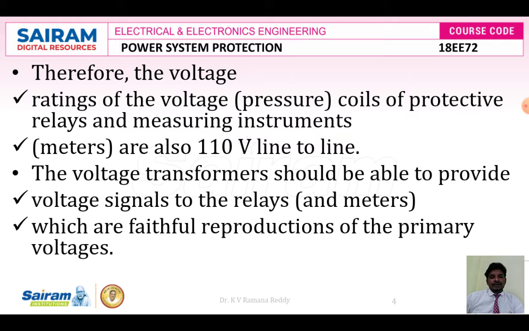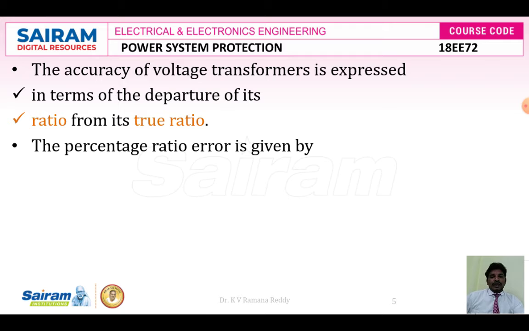That means once the fault is cleared, it again restores the line voltage. The accuracy of a voltage transformer is expressed in terms of the departure of its ratio from its true ratio. So the general ratio means 110 volts has to be read at the secondary side. Then there is a difference between the ratio and the true ratio.